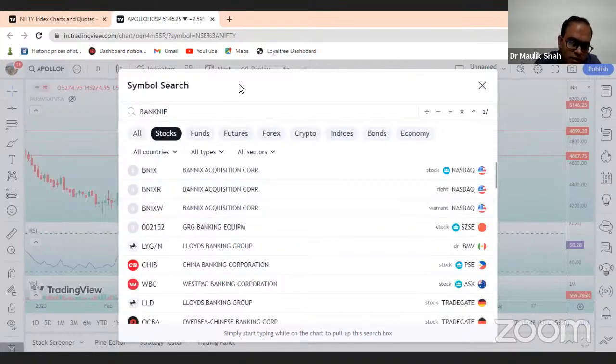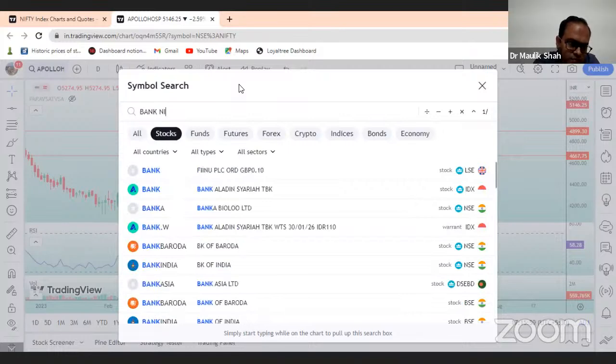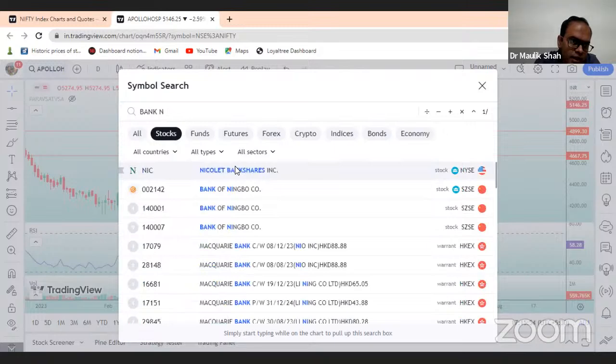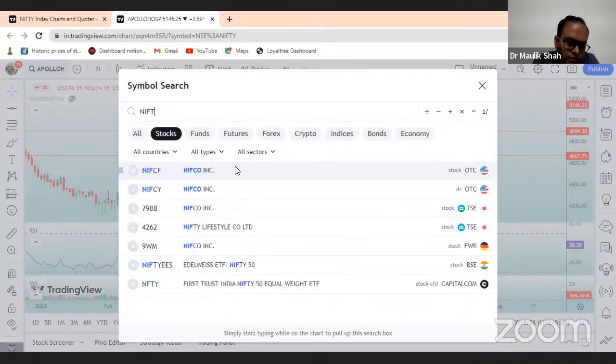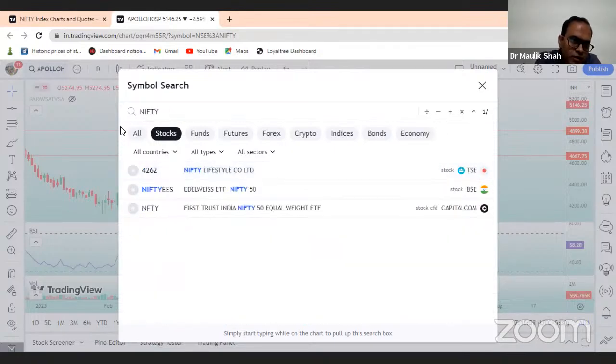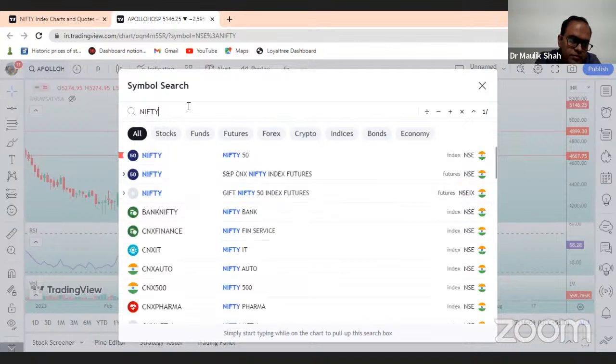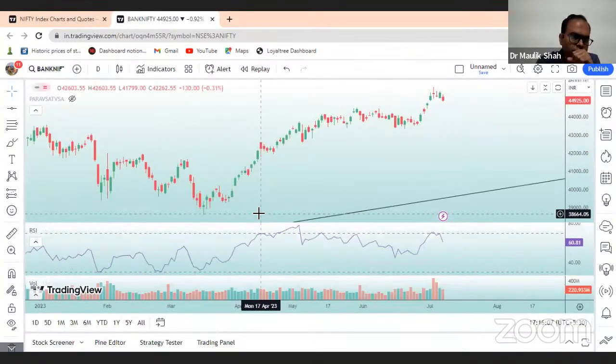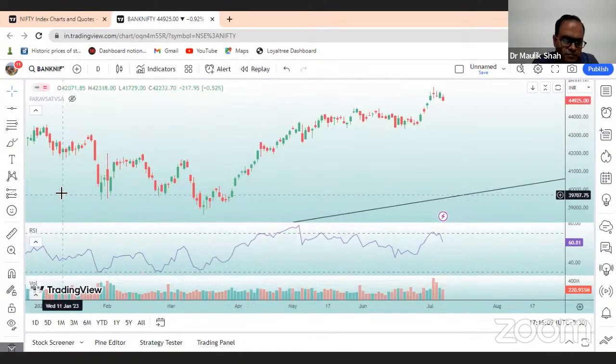But actually Bank Nifty, 1 second. Yeah, so this is Bank Nifty. Okay.